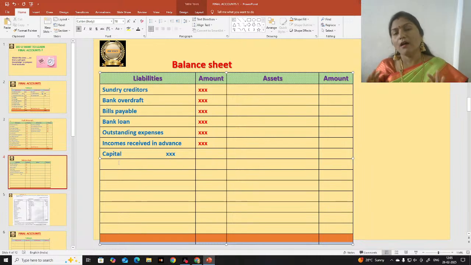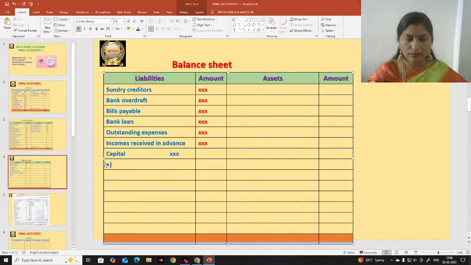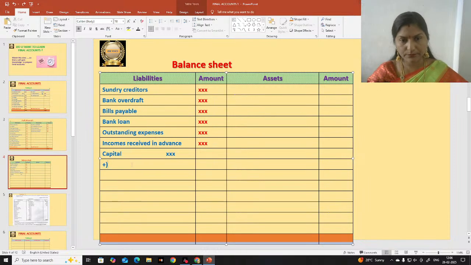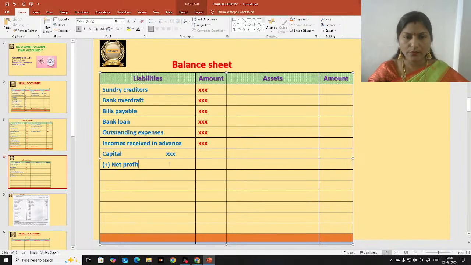So net profit should always be added to capital. Remember that point. We will record that amount under the capital amount.